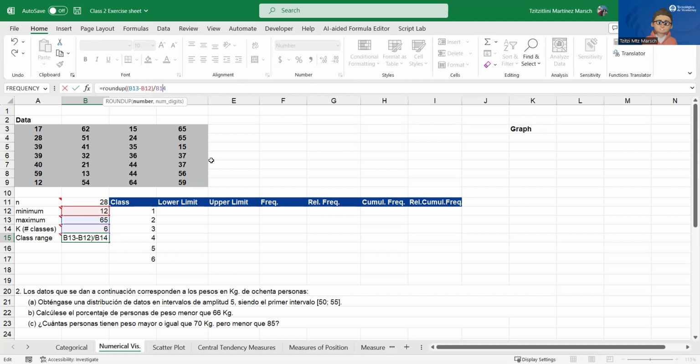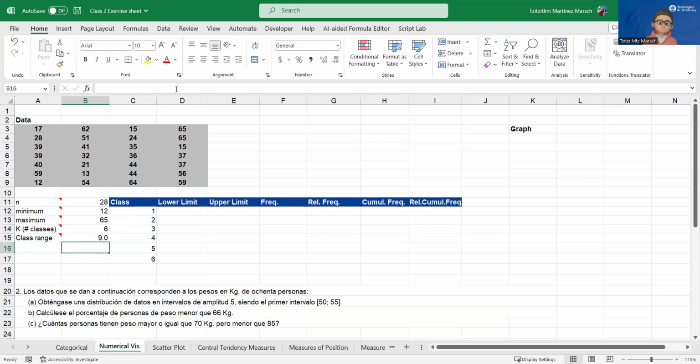You have to make sure. Put another parentheses here, I forgot that one. Comma 0, we don't want that, and we have 9. So it's a very close number. We can use decimals, it's just sometimes a little bit more complicated. Our brains are not that accustomed to analyzing decimals. But in this particular example, with the context of the problem, we'll be able to define if we were going to use decimals or not.